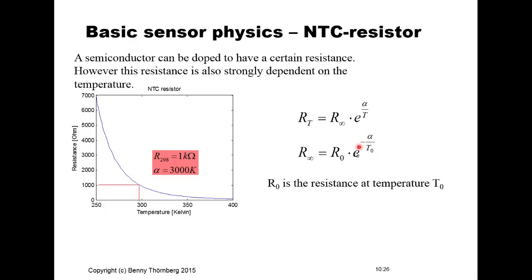And for the computation of R infinite, R0 is the resistance at any kind of chosen temperature T0. In this case, R infinite has been computed at the temperature of 298 Kelvin, being 1 kilo ohms, resulting in an alpha of 3000 Kelvin.